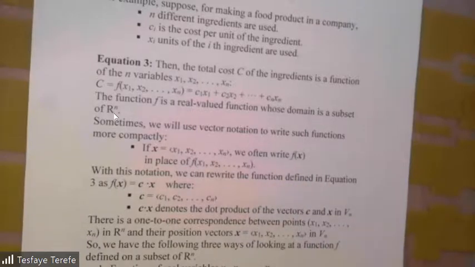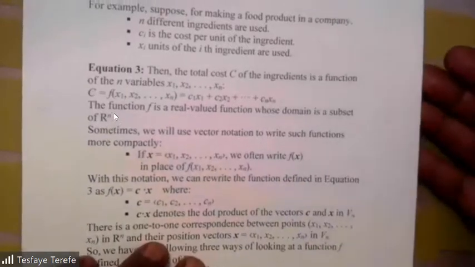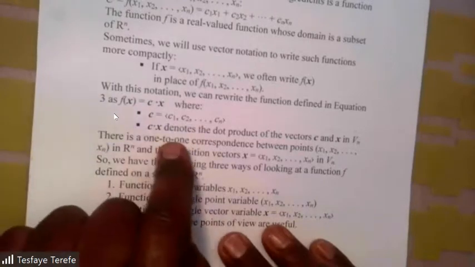With this notation, we can write the function defined in equation 3 as the dot product of two vectors. Vector c, the cost of each unit of input, and vector x, the amount of each of the different ingredients. So c is c1 up to cn, and the dot product of these two gives a real number.